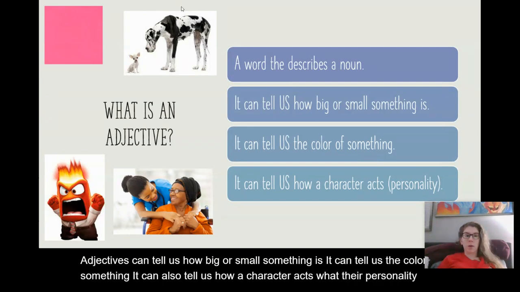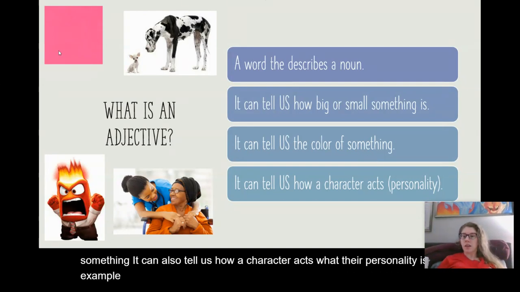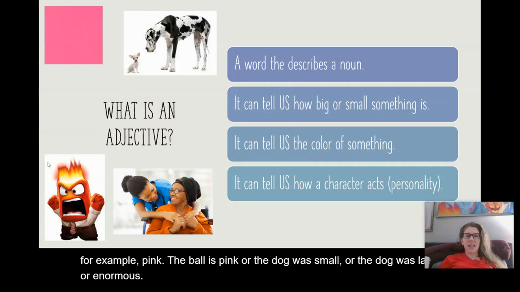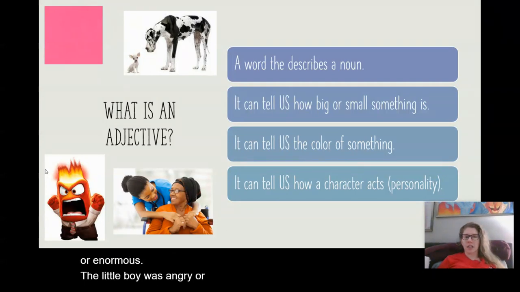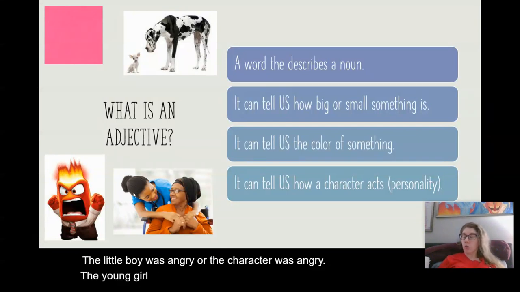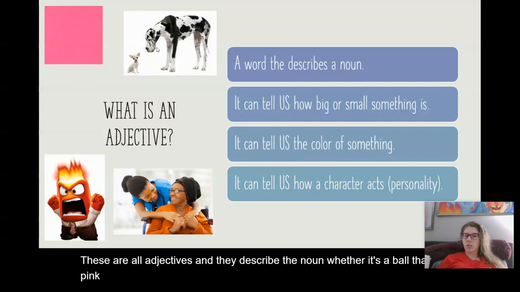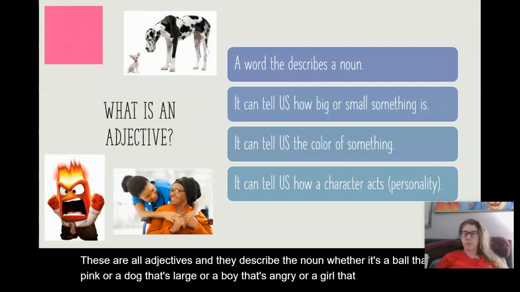For example, the ball is pink, or the dog was small, or the dog was large or enormous. The little boy was angry, or the character was angry. The young girl was caring or affectionate. These are all adjectives and they describe the noun, whether it's a ball that's pink, or a dog that's large, or a boy that's angry, or a girl that is caring or affectionate.